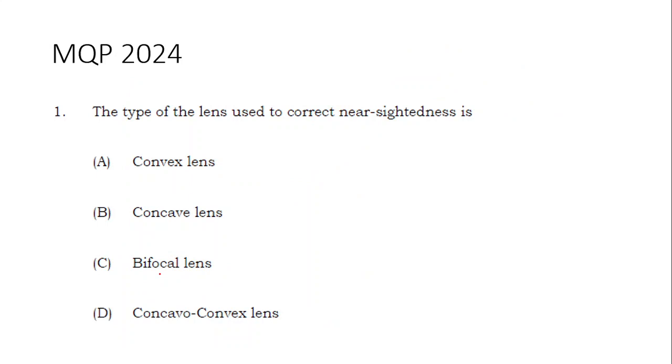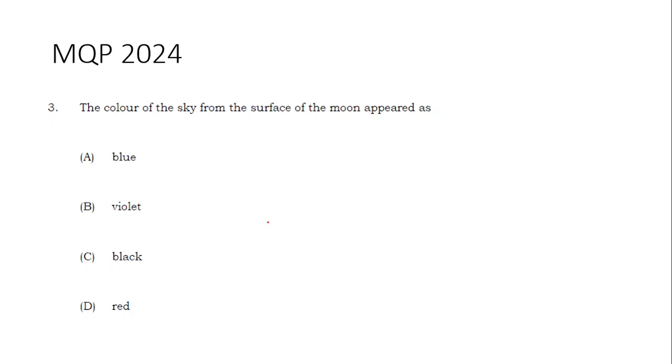Let us look at the model question paper. Type of lens to correct nearsightedness, that is myopia. How do you correct? Using a concave lens. Color of the sky from the surface of the moon. Moon does not have any atmosphere, so no scattering of light.